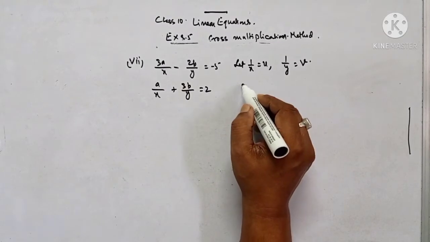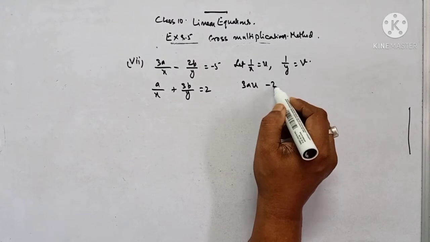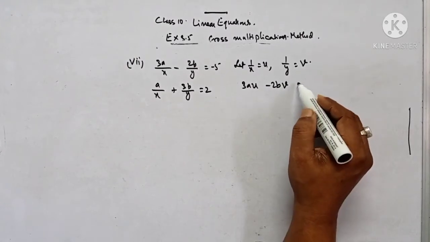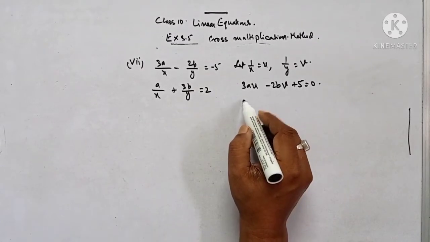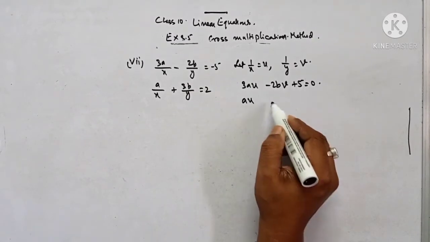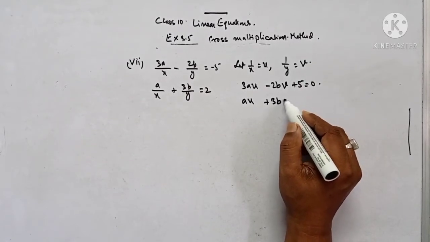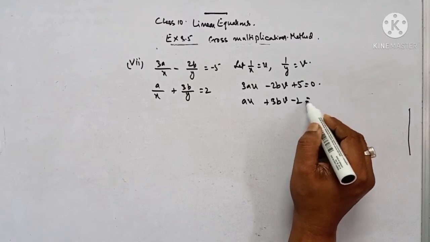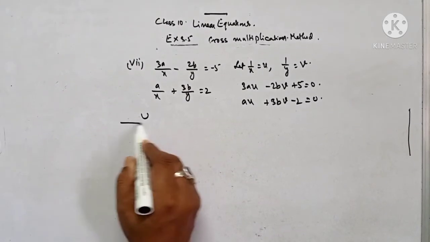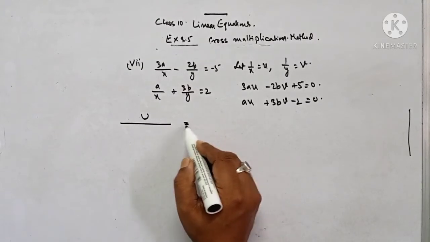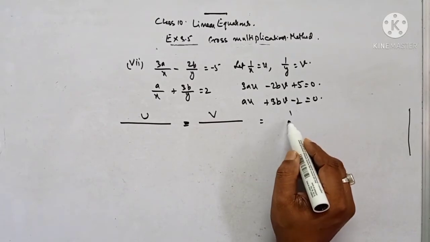So this equation will be, first will be 3au minus 2bv plus 5 equal to 0, and your second equation will be au plus 3bv minus 2 equal to 0. So here u by, equal to v, and this will be 1.